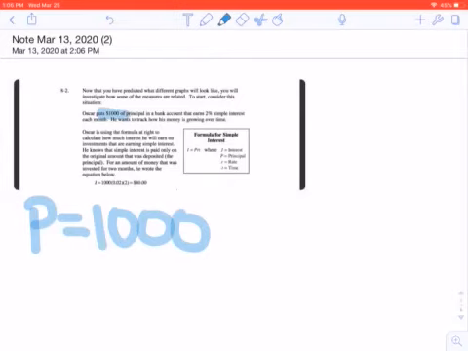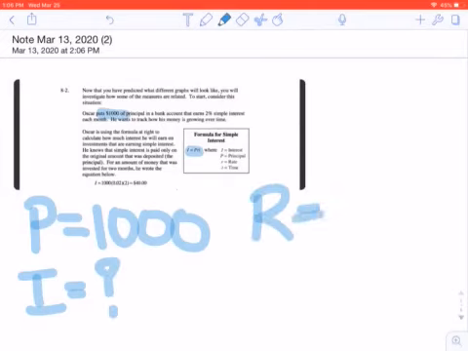I'm looking here at the formula. The interest, we don't know, because that's the output, what we're getting as our final solution. The rate, we do know, and it's 2%.